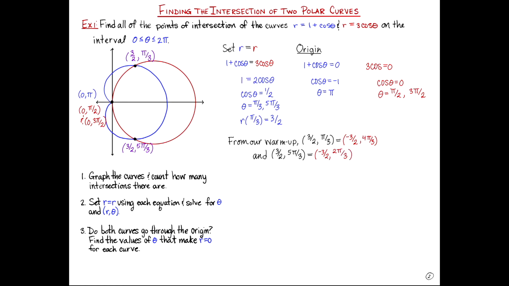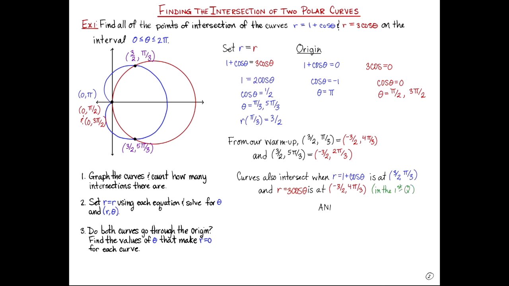That tells us that the curves also intersect when r equal to 1 plus cosine theta is at the point (3/2, pi over 3), and our second curve, r equal to 3 cosine theta, is at (-3/2, 4 pi over 3). This is in the first quadrant.